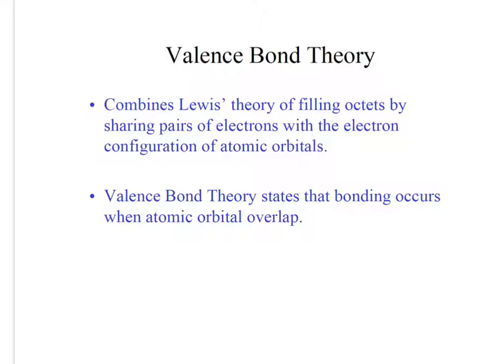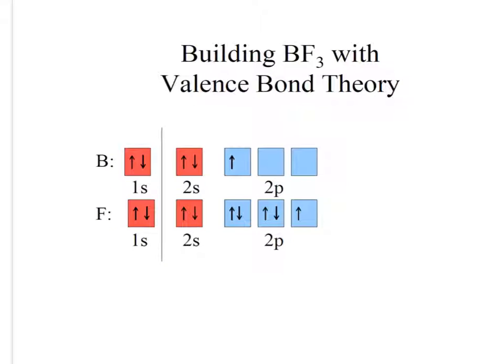All right, valence bond theory says that electrons can be shared when atomic orbitals from different atoms overlap. If you will remember, boron produces an incomplete octet with only 6 valence electrons. Right now it has 3 valence electrons. These are the 3 valence electrons, so it needs 3 more to fill up those spaces.